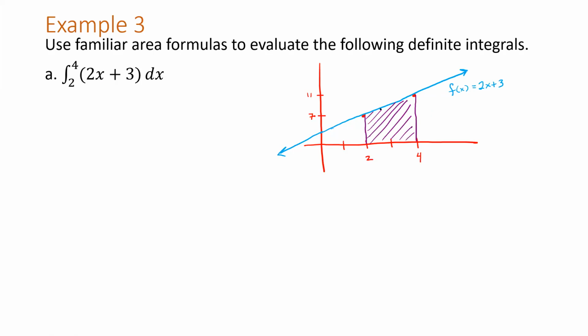Notice that the region that we're trying to find here is really just a trapezoid. So we found the value at 2 and the value at 4, and those gave us the sides of our trapezoid here. This was 7 at this side, and this was 11 on this side.